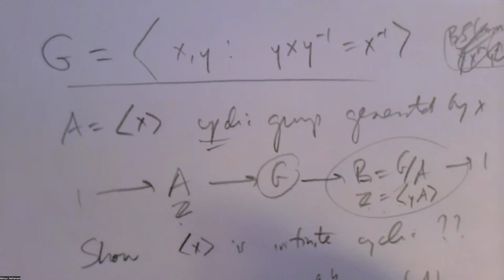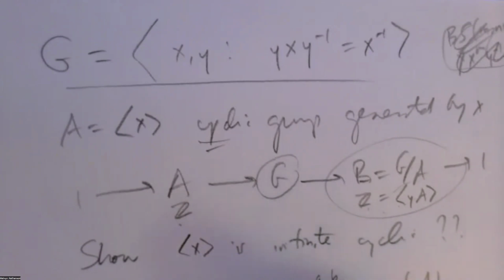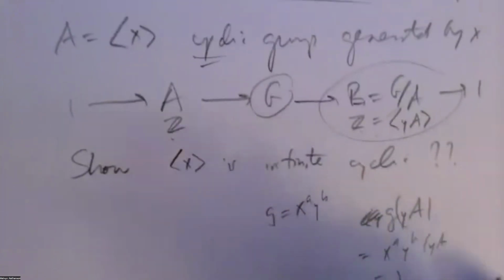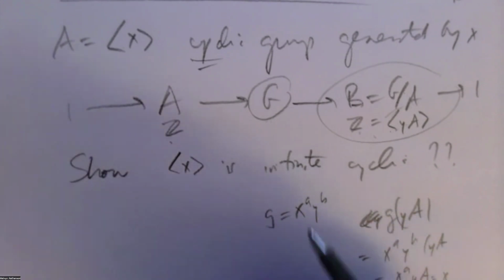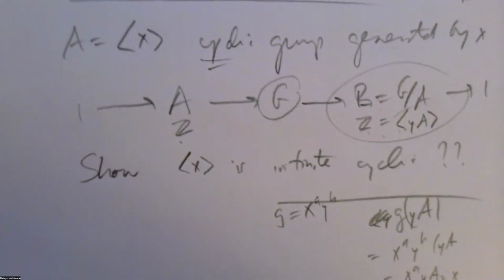So this is x to the a, y to the b, y... I take it back. I made an error. The elements are expressible as a power of x and a power of y, but it's not the quotient of the group by A, but the quotient of the group by the commutator subgroup.